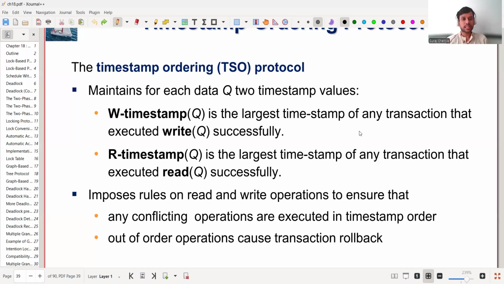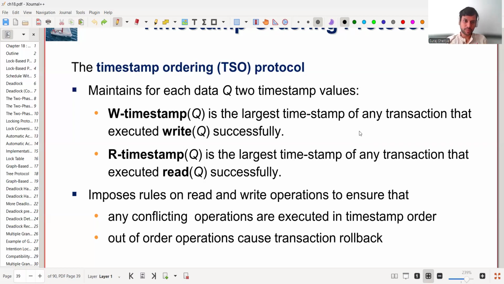And when these transactions are trying to read or write, one of the things they check is whether there is a conflict. Previously, when we were doing lock-based protocols, for example, conflicts were checked based on whether some other transaction was holding on to a lock.